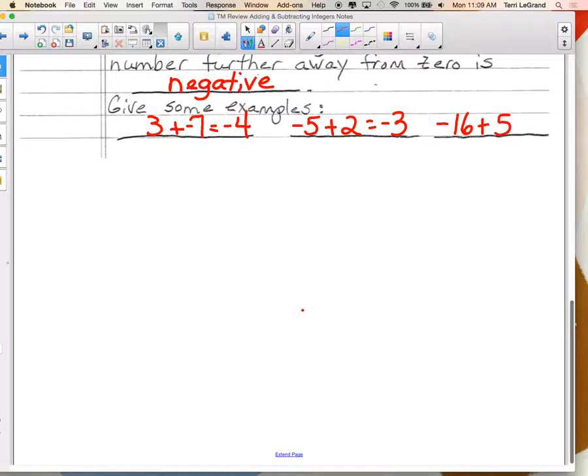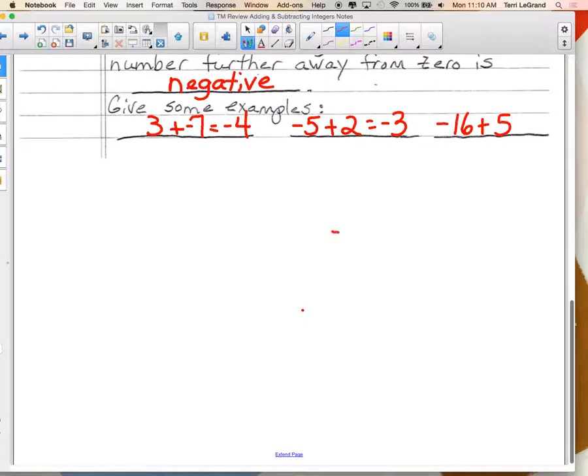How many units of overlap are there on the number line? No. How many units of overlap? 11. No. Oh. How many zero pairs are there? 5, because there's 5 that are unshaded and there's 16 that are shaded, and so 5 of those unshaded will cancel with 5 of those shaded.